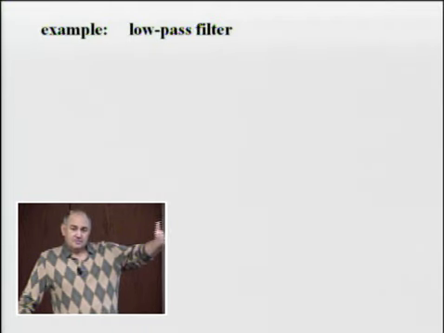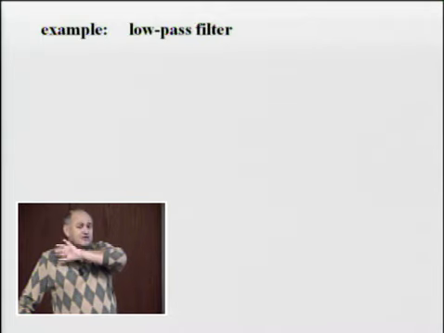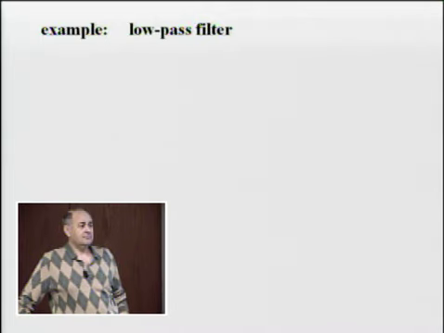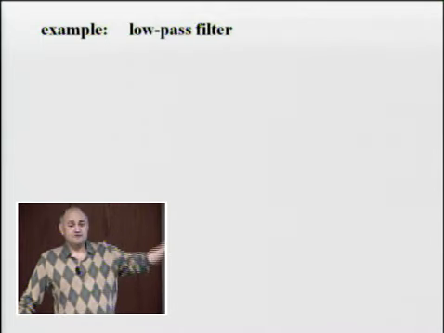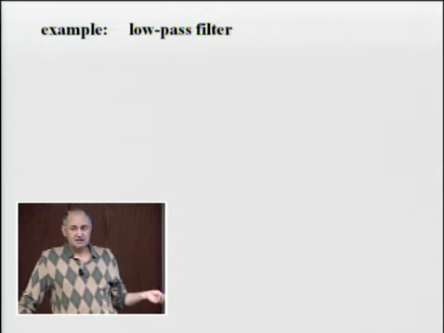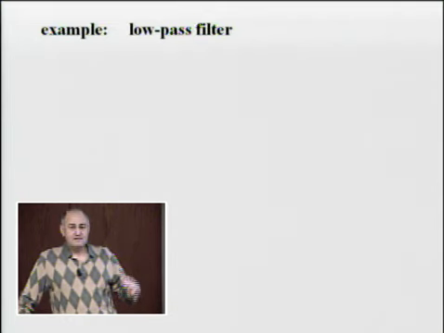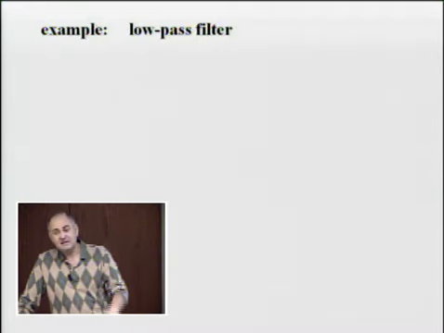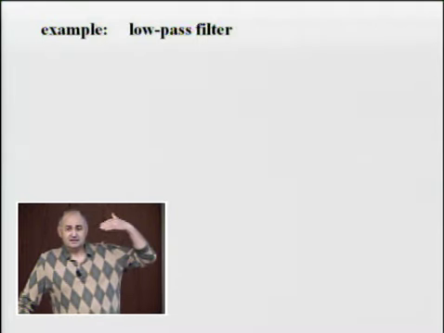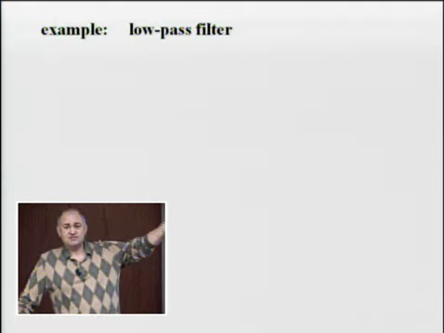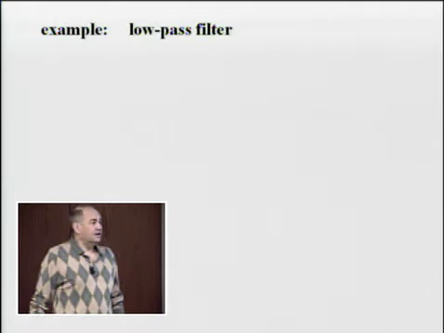So if we have a combination of a number of frequencies in the signal, the low frequencies will be eliminated from the signal and high frequencies will pass through that filter.